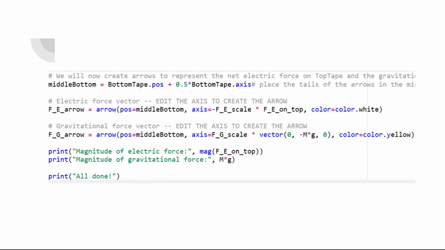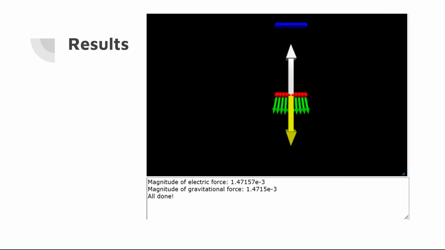For the bottom tape, this then models the gravitational force and the electrical force and arrows, and prints out the magnitudes of the two forces. Here are the results, as can be seen.